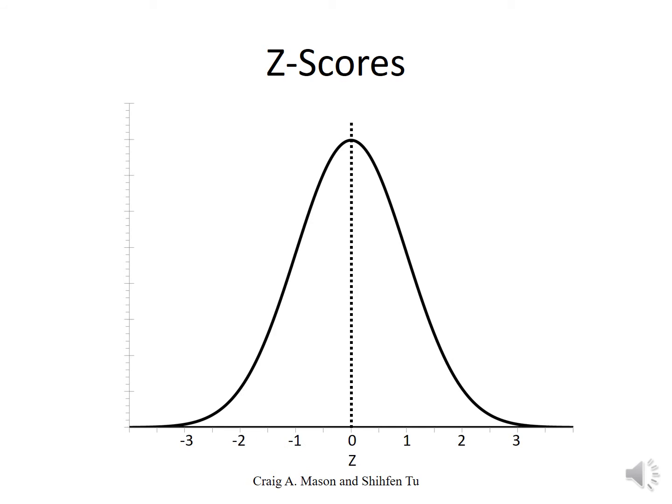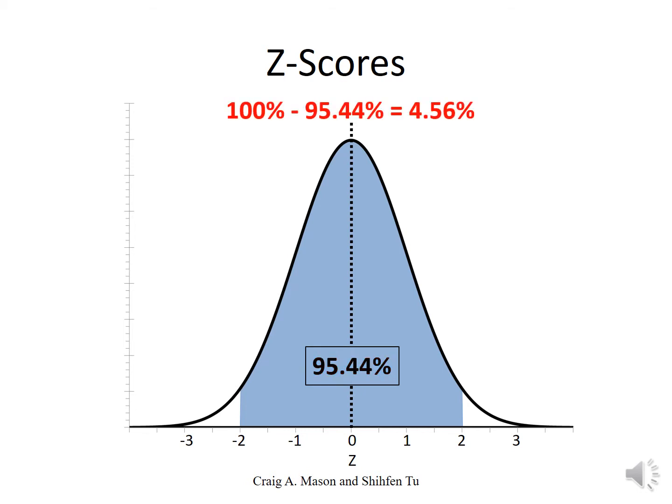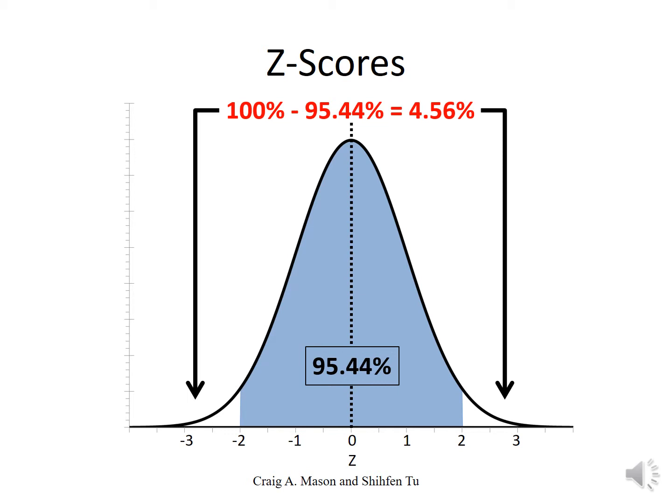Looking at the normal curve, we know that 95.44% of scores are within 2 standard deviations of the mean, or between a z-score of -2 and +2. That tells us that the difference between 100% and 95.44%, or 4.56%, must be either below a z-score of -2 or above a z-score of +2.